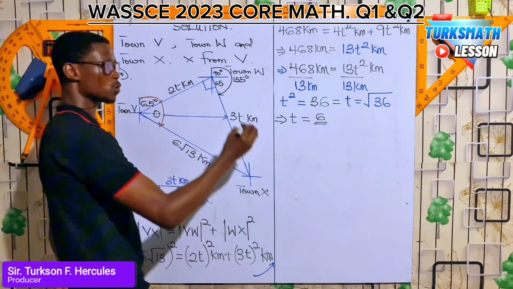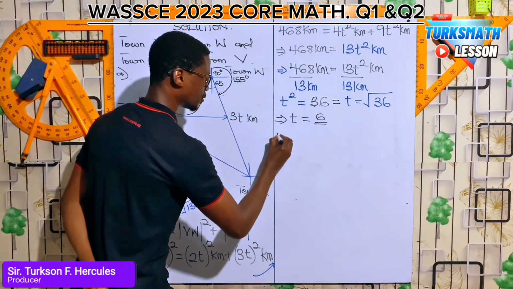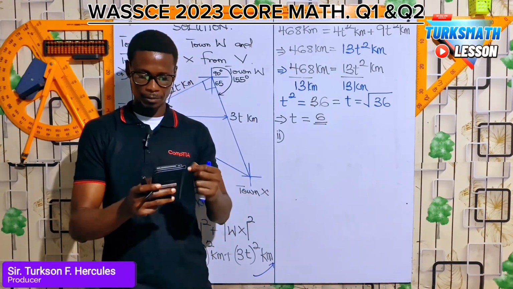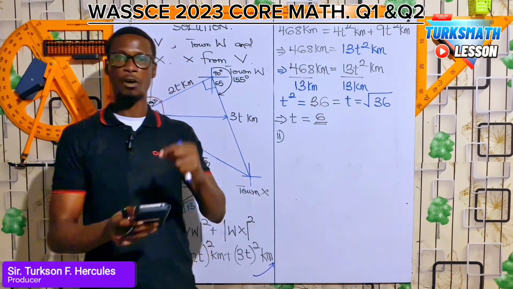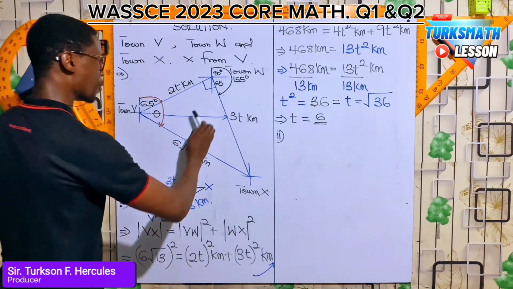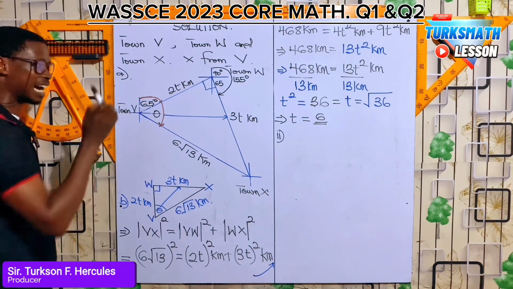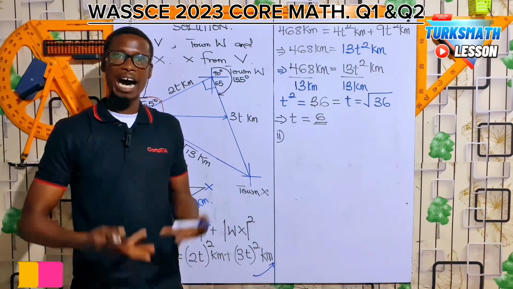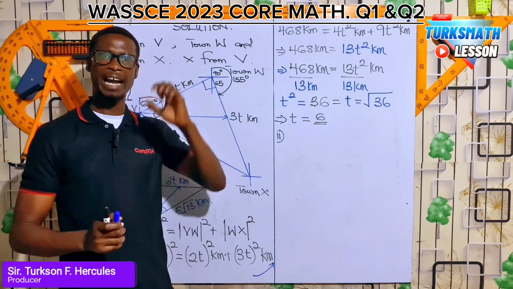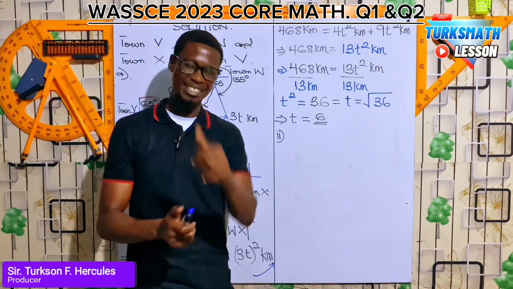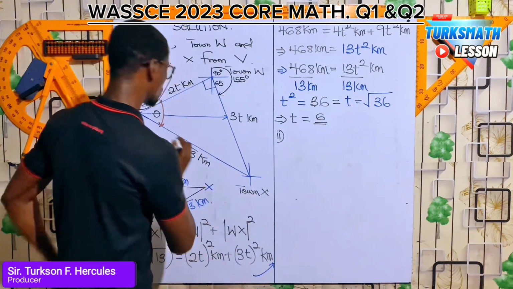So now let's go to Roman number 2. Our Roman number 2 says the bearing of x from v. So before you get your bearing of x from v here, we need to get our theta. So how do we get our theta? By applying SOH CAH TOA, right? So I'm going to use TOA.